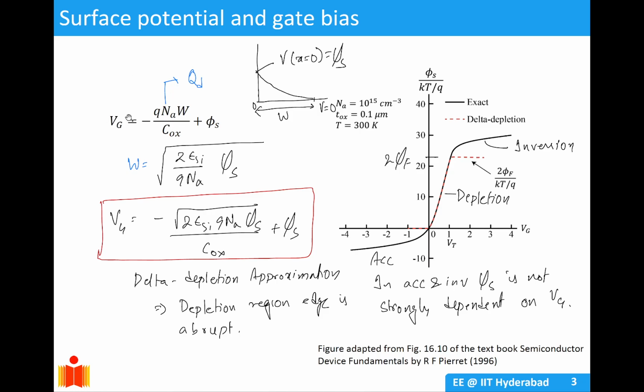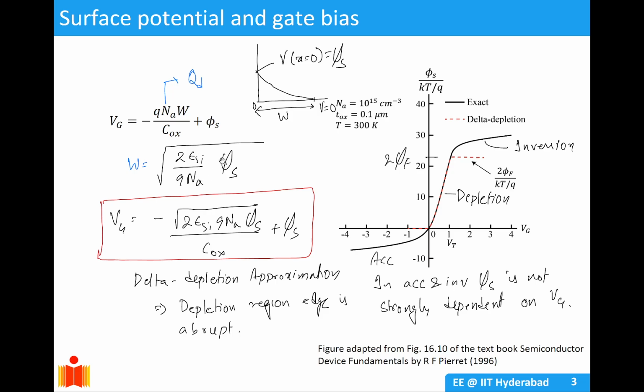So we have studied this just now. Vg equals minus Q Na W by Cox plus phi s, where Q Na W is your depletion charge Qd, and W we already know is given by 2 epsilon Si phi s by Q Na.